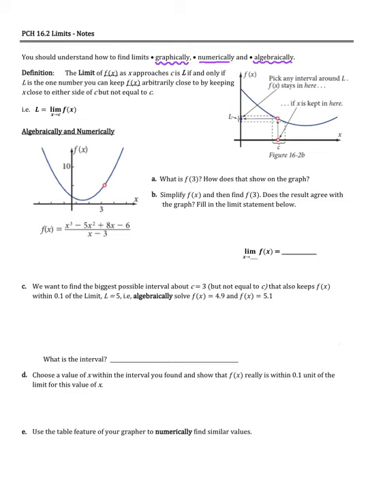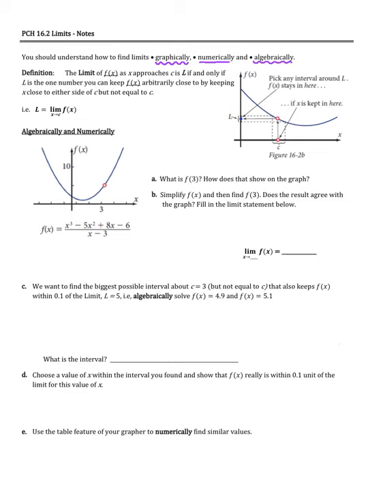So we have this kind of ugly definition here of a limit. I'm going to read it out and then talk about what it means. The limit of f of x, which remember that's the y value, as x approaches c.